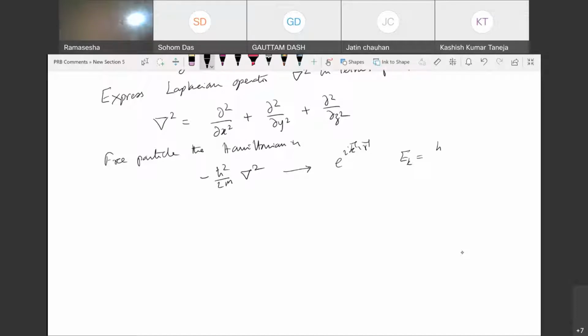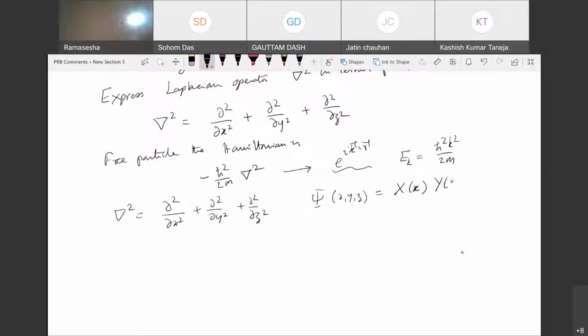Okay, so indeed e to the i k dot r. And I can take psi of xyz as equal to some function X of x, Y of y, Z of z, the product of these.